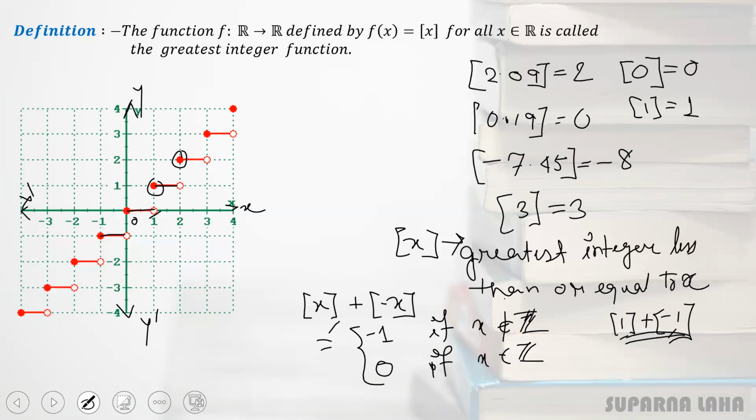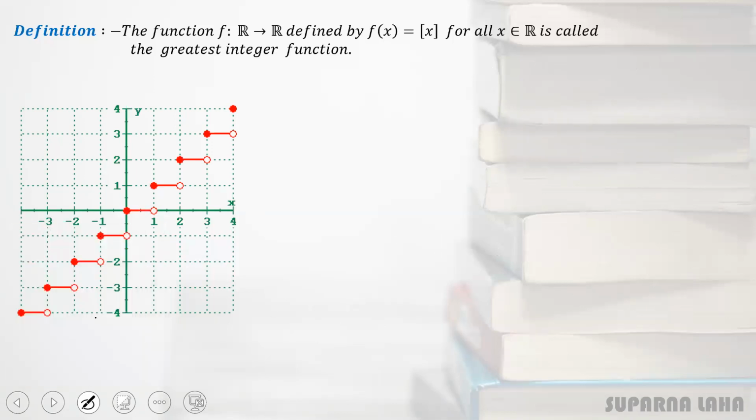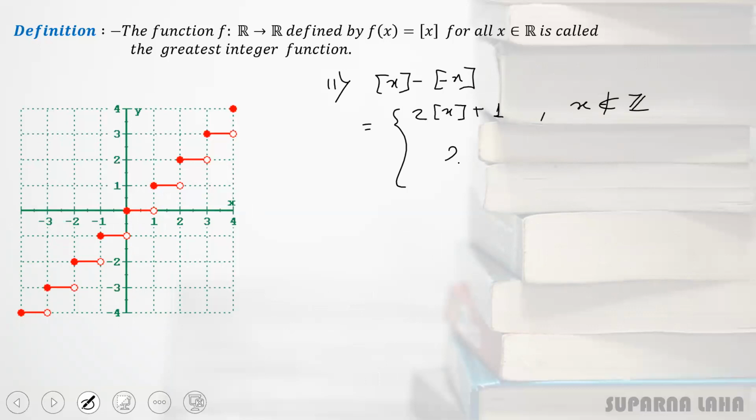Now, another one is its subtraction. This is number 1, and let us discuss number 2. Number 2 is box x minus box of minus x. This value is given by either 2 box x plus 1 for x not belonging to the set of integers, and 2 box x for x belonging to the set of integers.